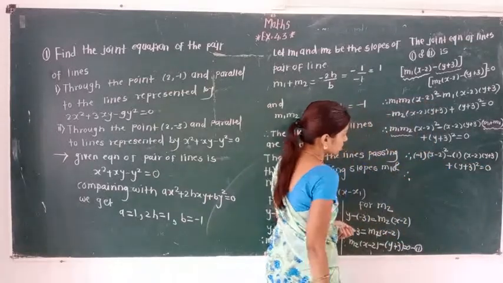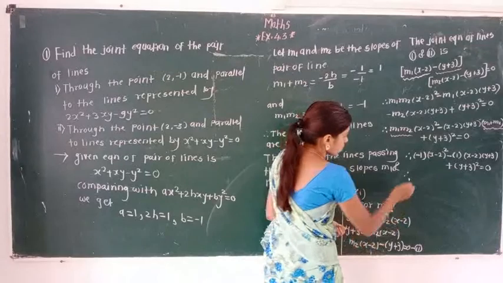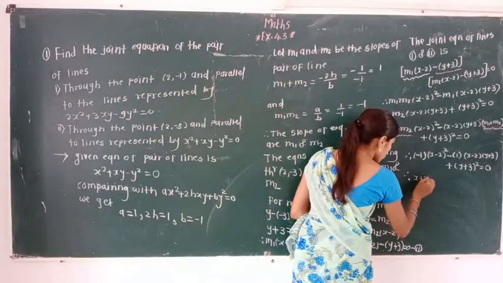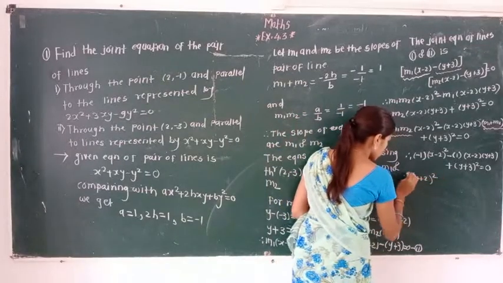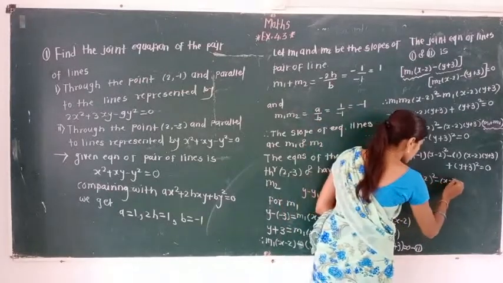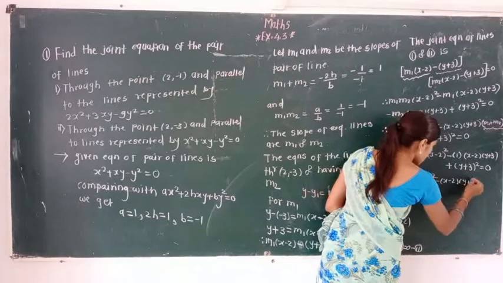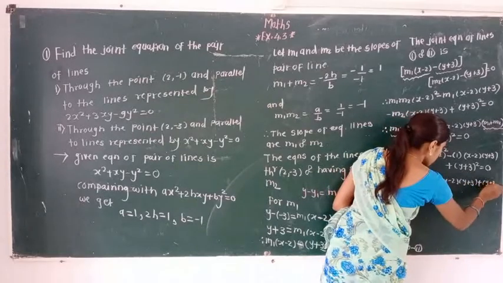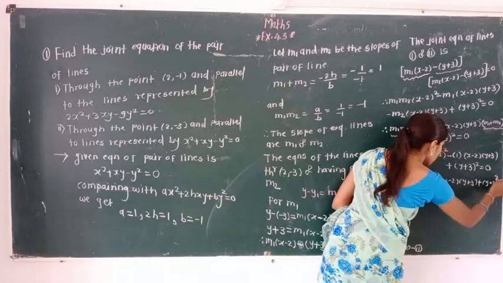Now we can write x minus 2 bracket square minus x minus 2 into y plus 3 plus y plus 3 bracket square is equal to 0.